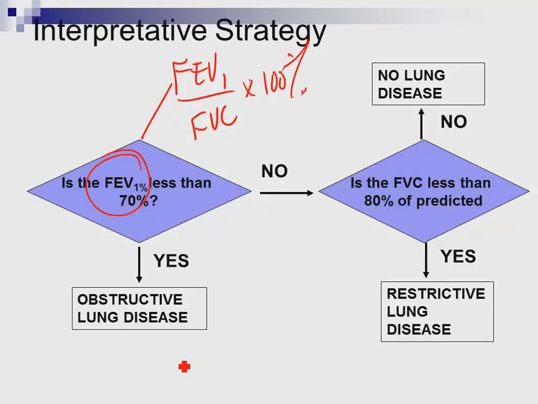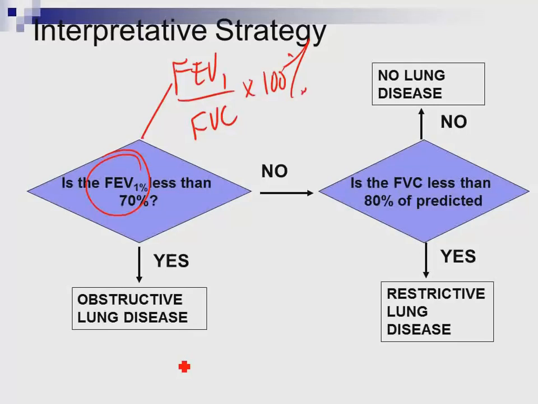When they're not having an asthma attack, their pulmonary functions are normal. It's only when they have the attack that you end up having an obstructive element present. So if it's less than 70%, I'm classifying that as an obstructive defect, and we're done.